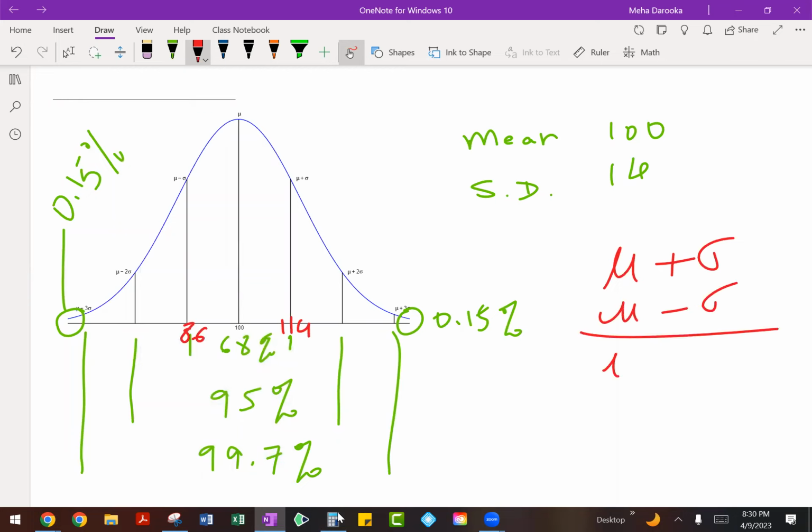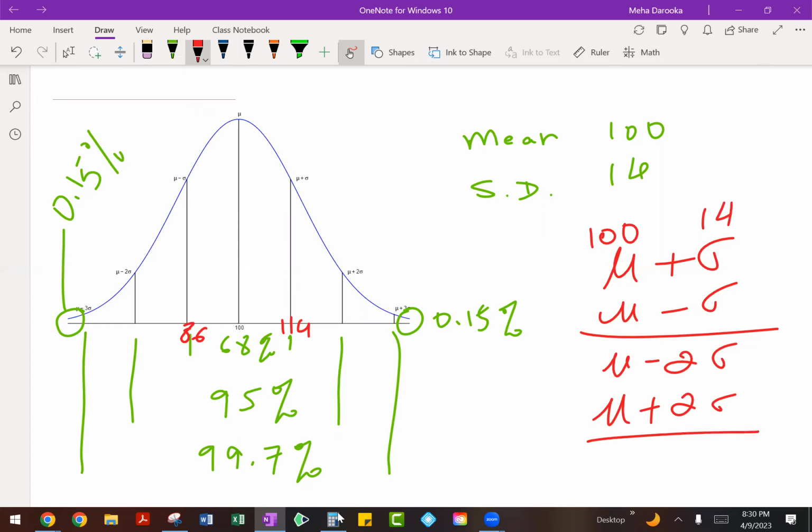Now we have to repeat this, and we have to do 2 times the standard deviation. So you're going to do 2 times the 14 and then subtract it from the mean. And you're going to do 2 times 14 and add it to the mean. So remember, mu represents our 100, and sigma is for standard deviation, so that's going to be the 14.